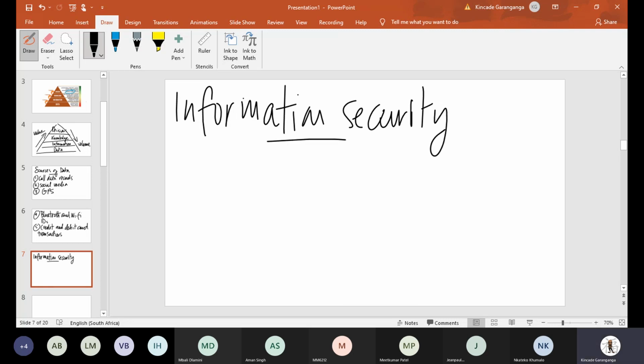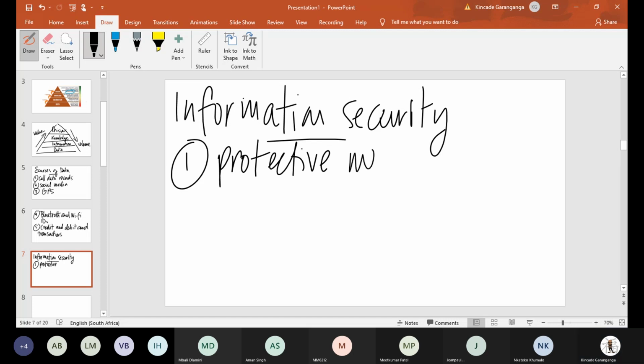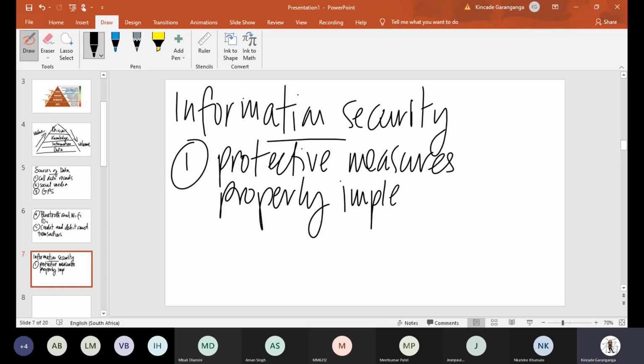If you want to look at what is happening in this regard, if you want it to succeed, or if you want to have it in a successful setup, with information security, you're literally looking at protective measures that need to be properly implemented. So protective measures properly implemented, right?